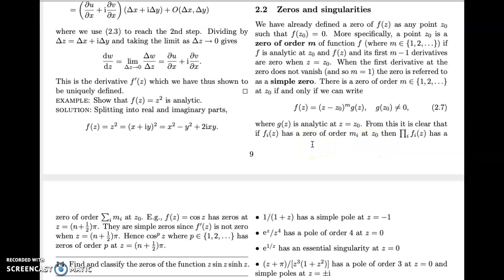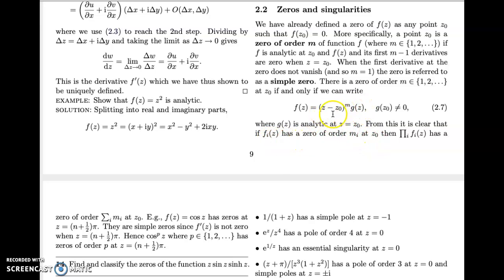So from this, it's clear that if I've got a set of functions f1, f2, f3, and so on, which have zeros of order m sub i at z0, then if I multiply those functions together, these things multiply.